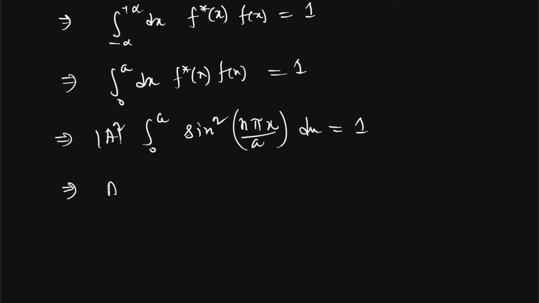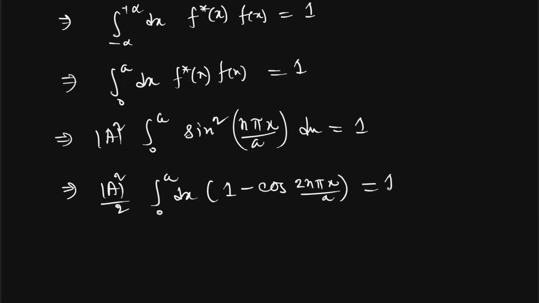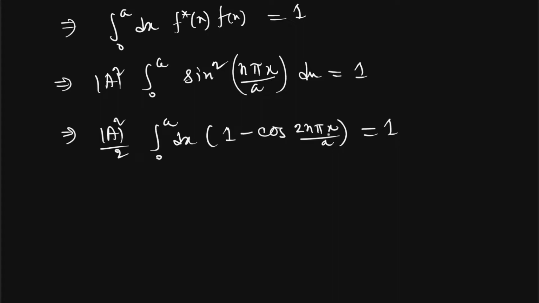That means |A|² ∫₀ᵃ 2 sin²(nπx/a) dx, where 2 sin² x means 1 minus cos(2nπx/a), is equal to 1. The integration of cos(2nπx/a) will be 0. So |A|²/2 times a is equal to 1.